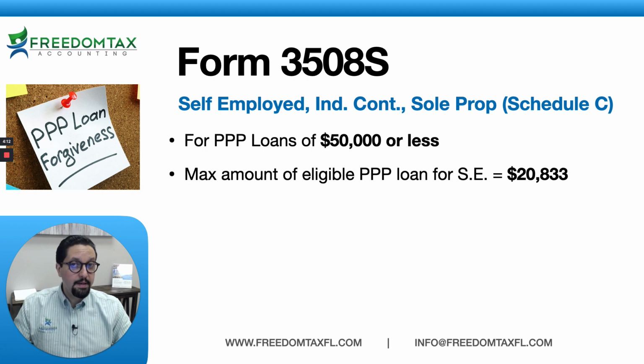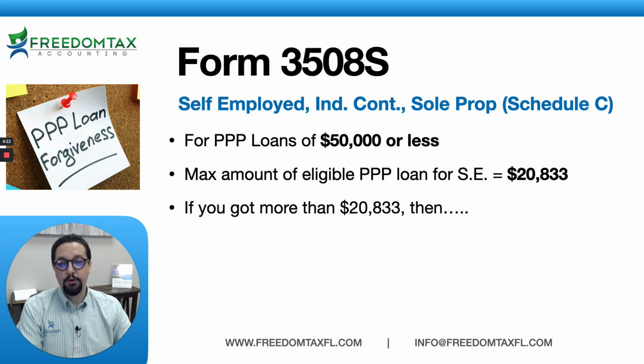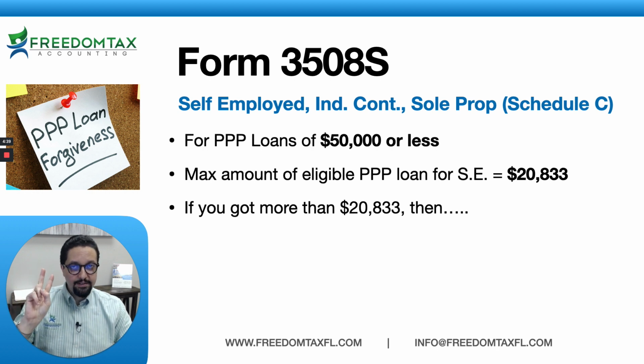This should not be an issue if you're self-employed, because the max amount eligible for a PPP loan for self-employed was $20,833. If your business filed under Schedule C and you got a PPP loan that's higher than $20,833, then there are two possibilities.